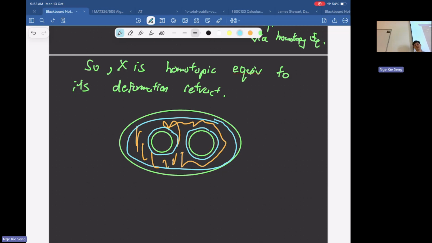If you try to write down the map from this orange part to this blue part, there's some point you must split. Maybe a retraction can, but we want a deformation retract. So you cannot split it out.